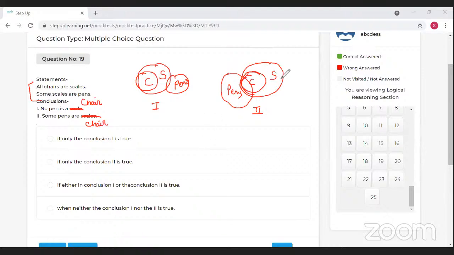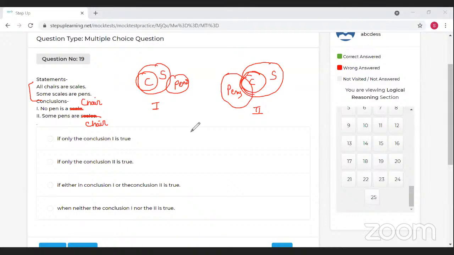All chairs are scales, yes. Some scales are pens. So it means that some scales which are chairs can also be pens. Agree? Are you getting my point?